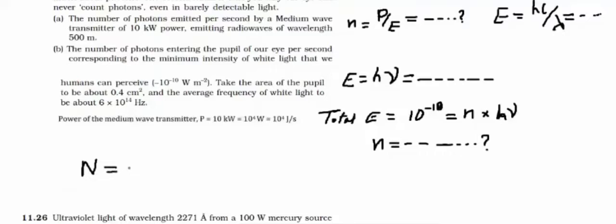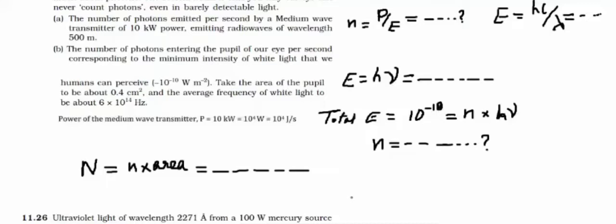The number of photons per second per unit area into area gives the total number of photons per second. Capital N is the total number of photons entering the pupil per second. So substitute the value of n and area, and you will get the answer: how many photons are entering the pupil of the eye per second.